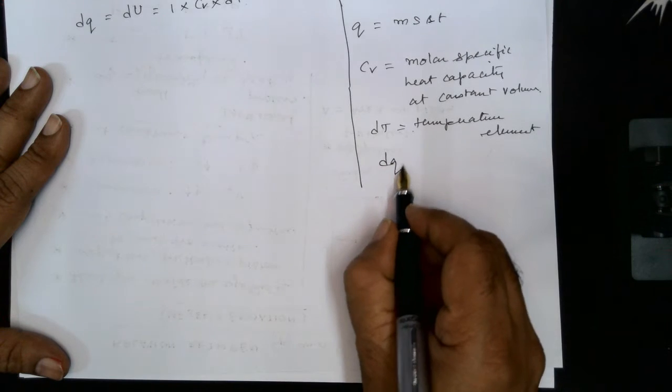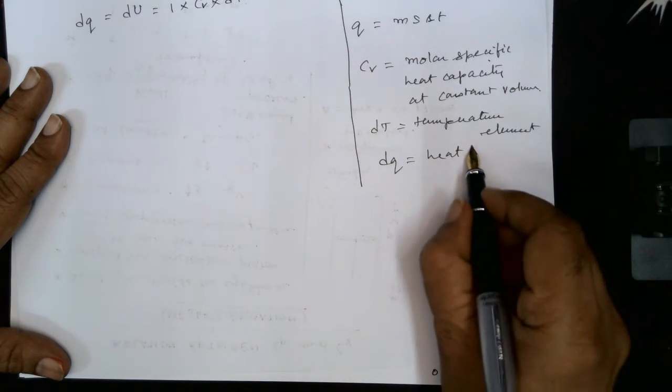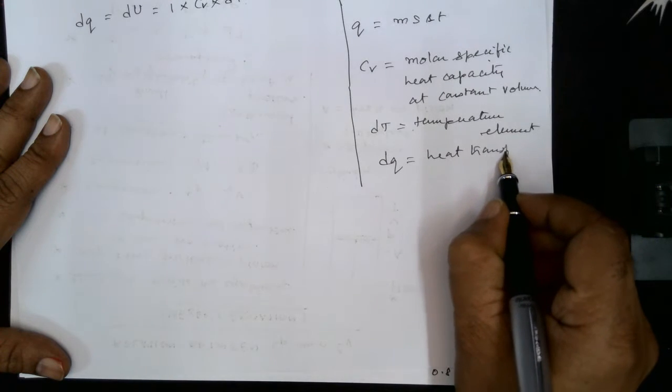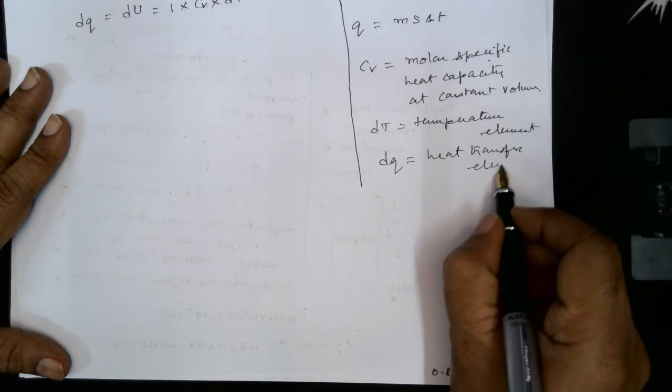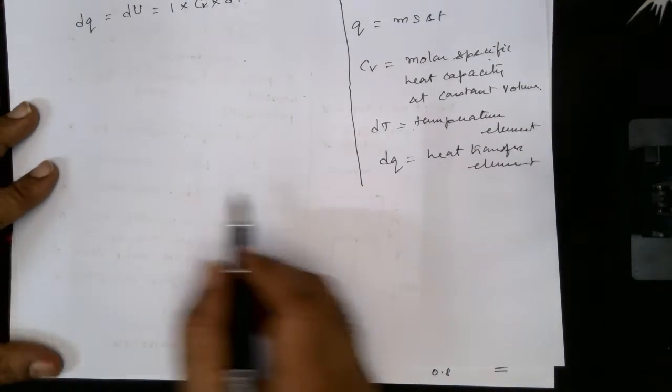And dQ can be called heat transfer element, small change or instantaneous change.